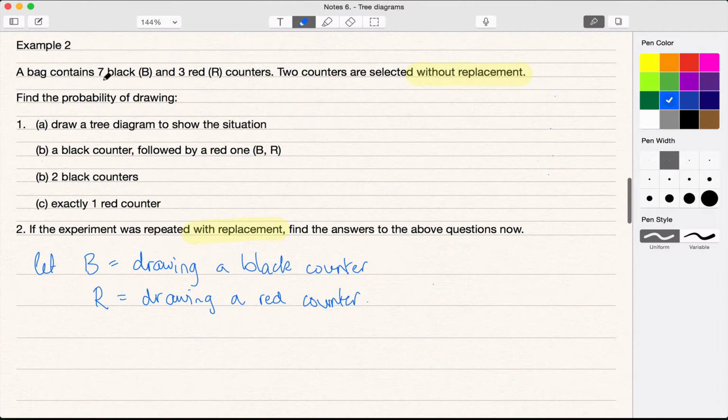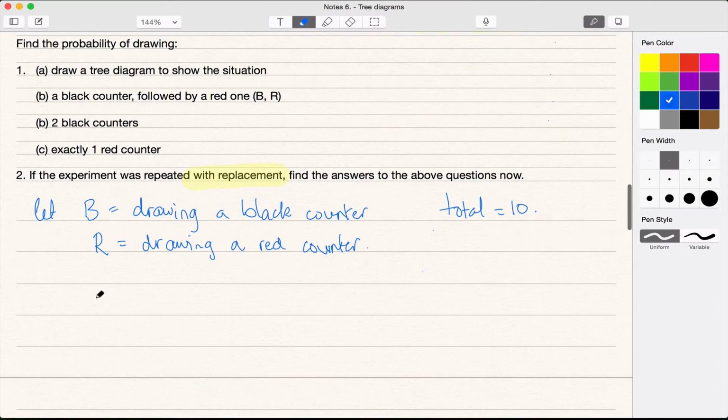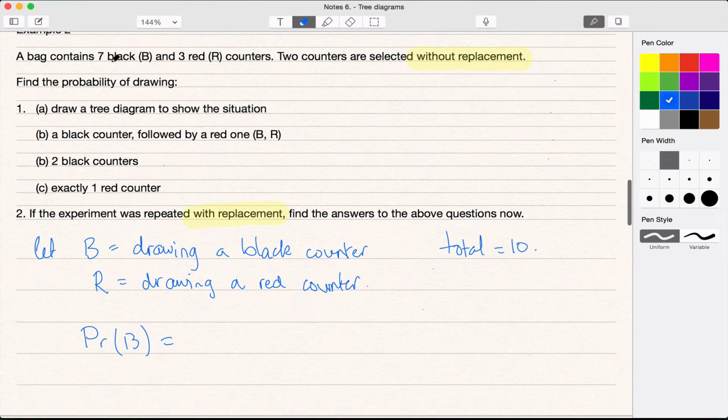The information that we have here is that there's 7 black and 3 red, so the total is 10. Probability of black is 7 out of 10. This is on the first counter that you select. And probability of getting a red counter is 3 out of 10.